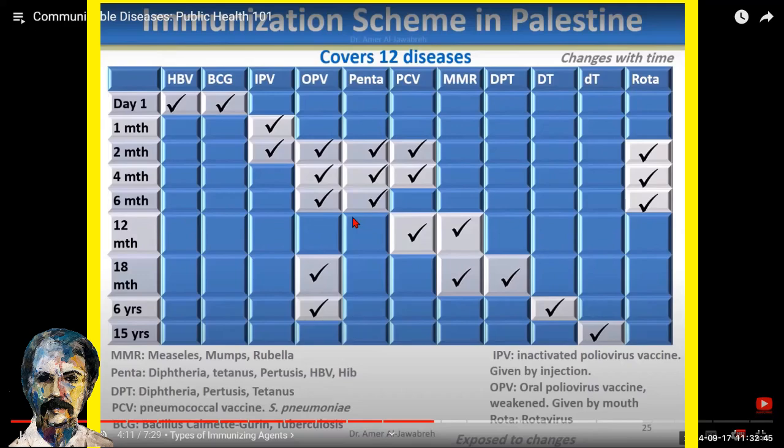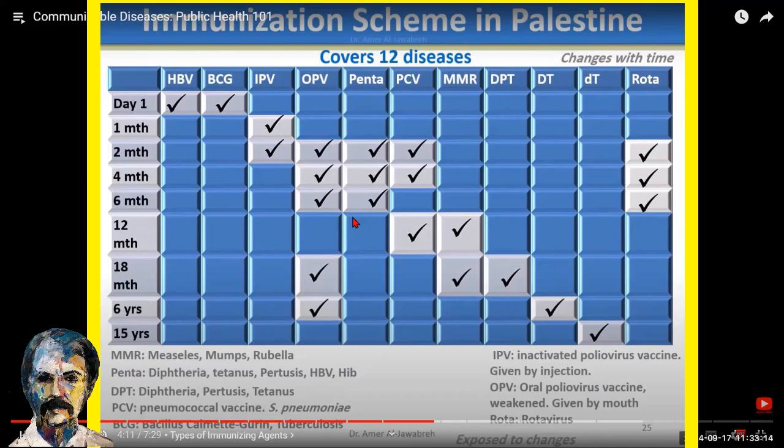And if you look here, IPV and OPV at month 1, 2, and then 2, and then 4, and then 6, and then a year and a half, and then after 6 years. So 1, 2, 3, 4, 5, 6, 7 shots. 7 shots within the first 6 years the child should take in order to be protected from polio as a disease. Because it's dangerous. That's one.